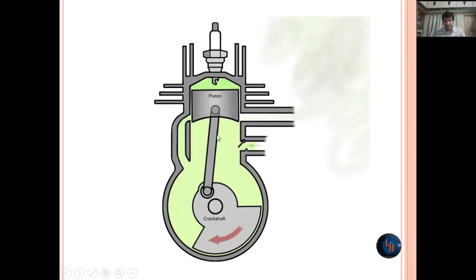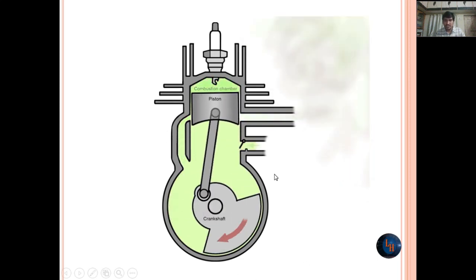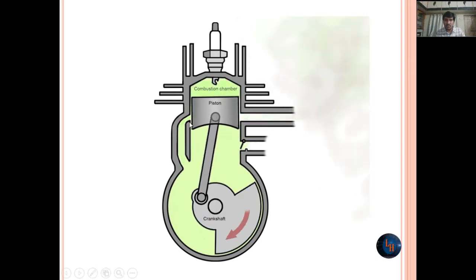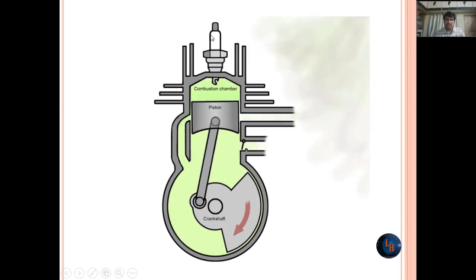At the same time, the transfer port is also open, and the fresh charge which came from the inlet port into the crankcase is compressed by the piston moving from TDC to BDC, and this compressed fresh charge is transferred through the transfer port into the combustion area, on the piston head. This is the working of the two-stroke petrol engine.